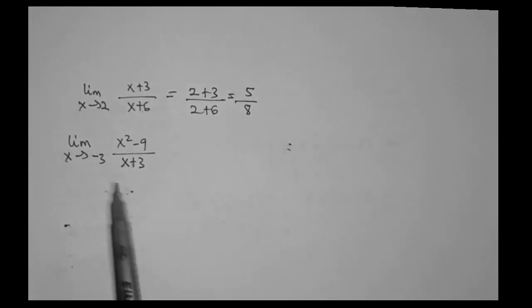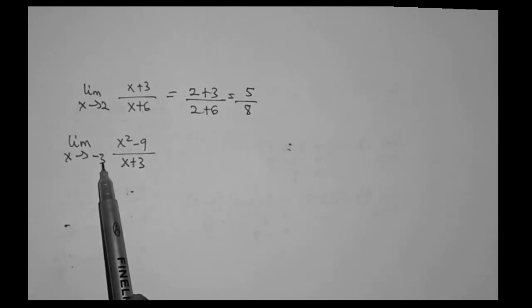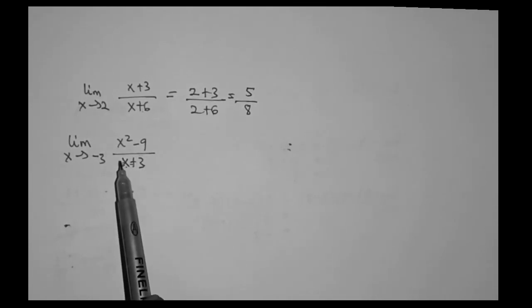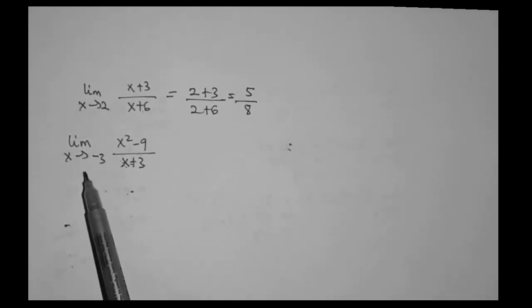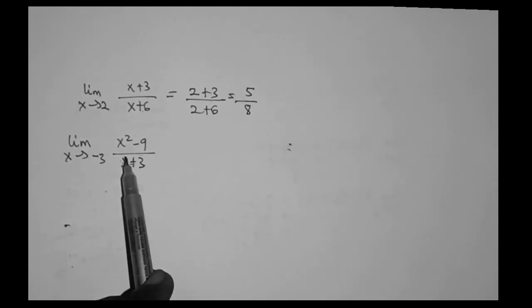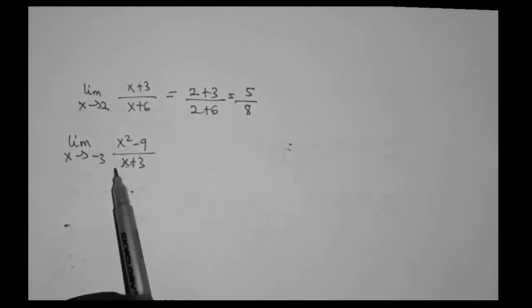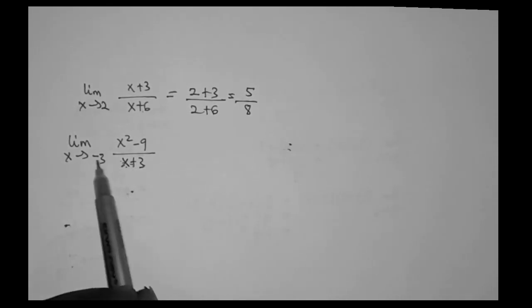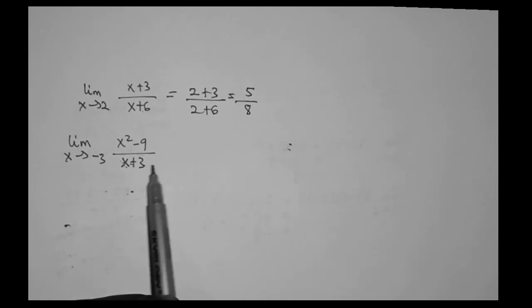You see that as x approaches minus 3, if you put minus 3 in this equation, minus 3 plus 3 is 0. So the denominator is 0, and that will make this function undefined. For that reason, we want to find a way of skipping that. At this point, we cannot make the substitution.